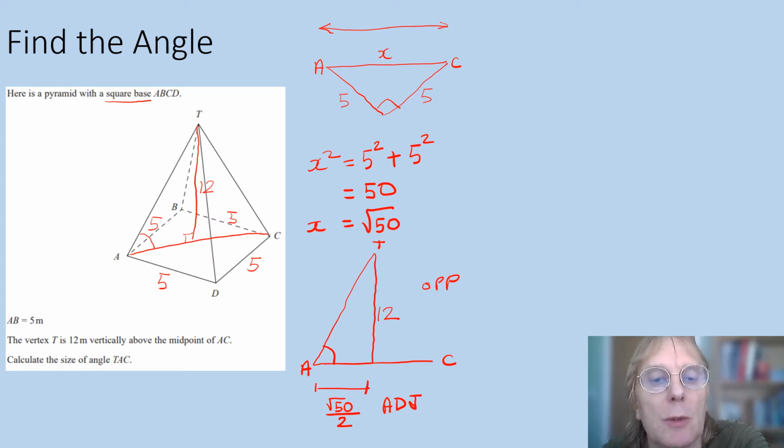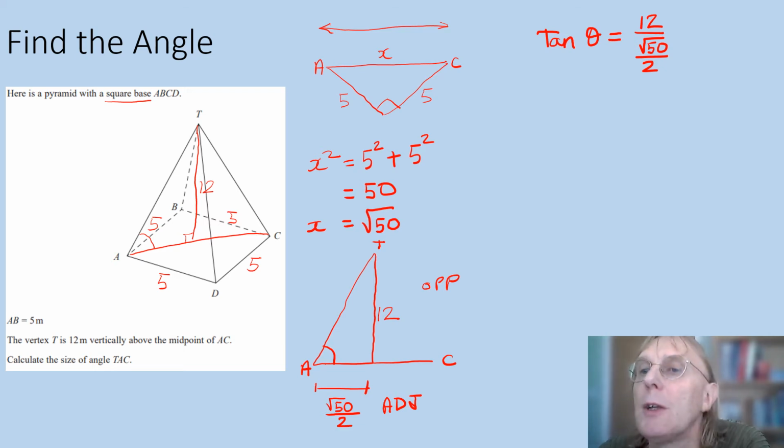So the angle is the opposite and the adjacent, that's got to be tan. So tan of theta equals opposite over adjacent, so in this case it equals 12 divided by root 50 over 2.